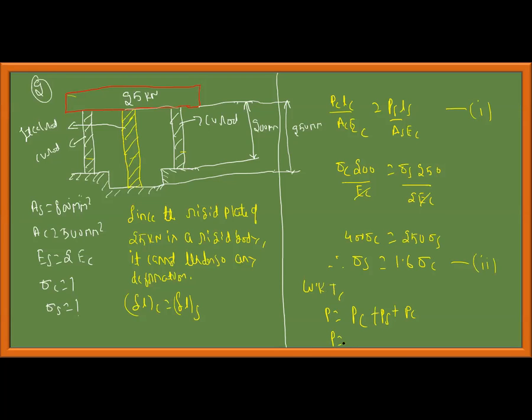Or I can write P is equal to PS plus 2PC. Call this as 3. Total weight is 25 kilonewton, or let me write 25 into 10 power 3.